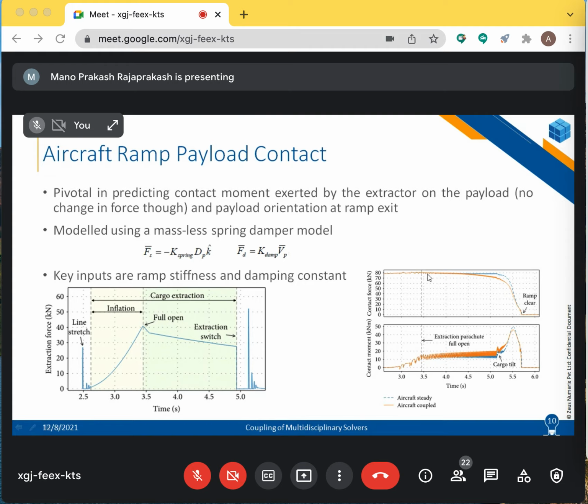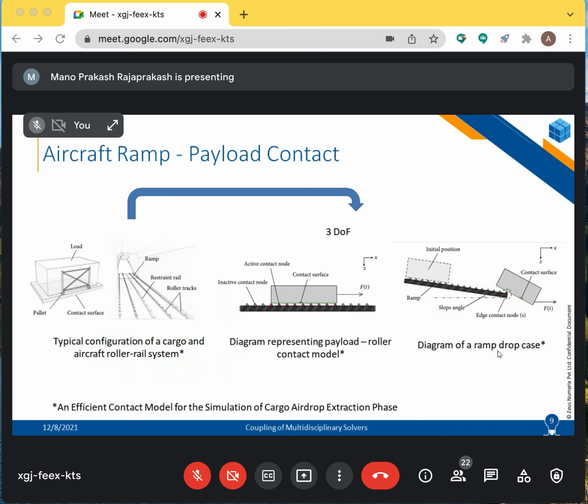We see that the contact force is almost a straight line. This is nothing but the weight, the mass of the payload times gravity, and that is what the contact force is. At a particular instant, the cargo actually starts tilting. Just before that is the point at which the CG coincides with the ramp edge.